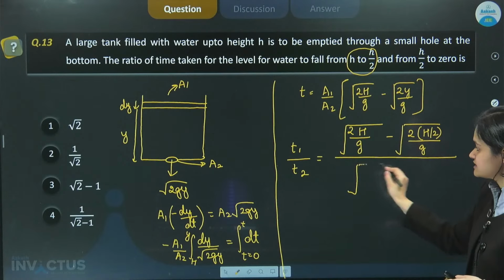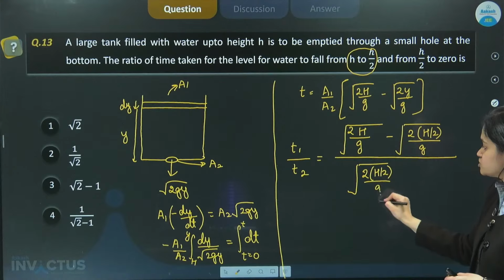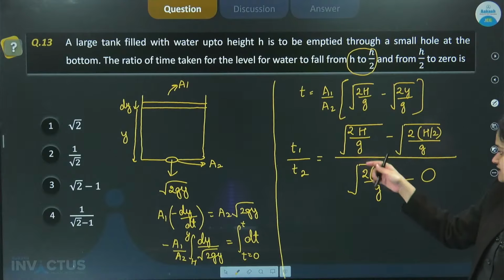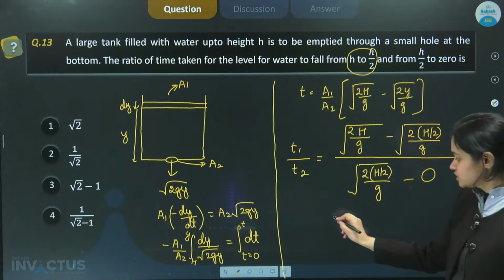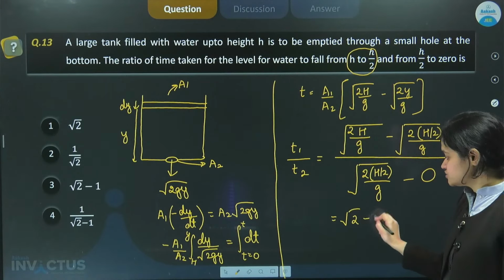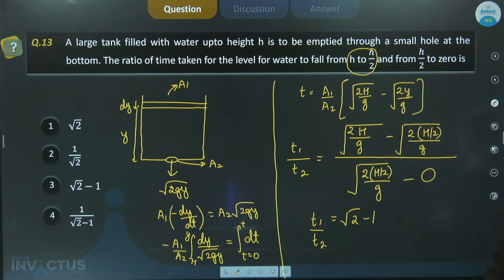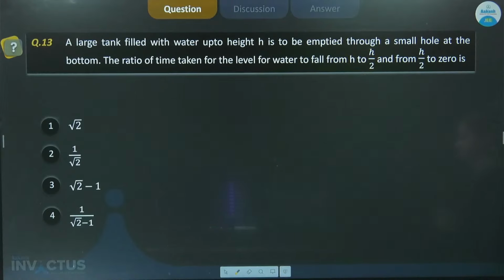Now in the denominator, this is going to be root of 2 times of h by 2 upon g minus 0. Finally 0 तक पहुंचाना है हमें. So this is all the 2h by g's are getting cancelled. We are getting 1 minus 1 by root 2 upon 1 by root 2, which gives you the value as root 2 minus 1. This is the ratio of time of emptying the tank in these two different sections, in these two different levels. All right. So the option 3 is going to be correct for the given question. 13th का answer हो जाएगा 3.